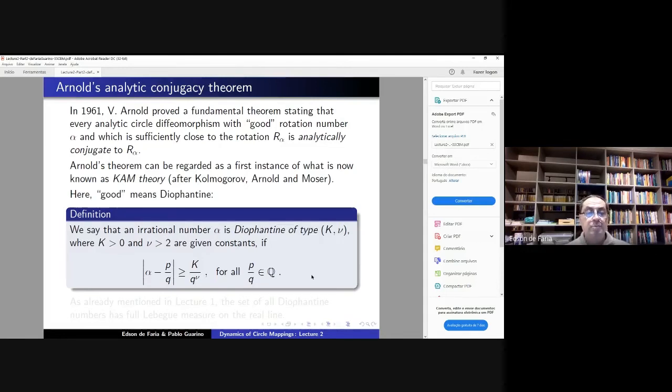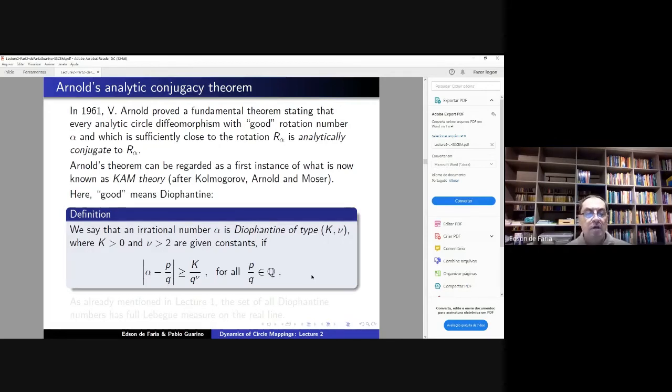So I just want to remind you that an irrational number alpha is Diophantine of type k and nu, where k and nu are certain positive constants, and nu is actually greater than 2, if alpha satisfies this inequality: the distance between alpha and a rational p over q is always greater than or equal to k divided by q to the power nu.